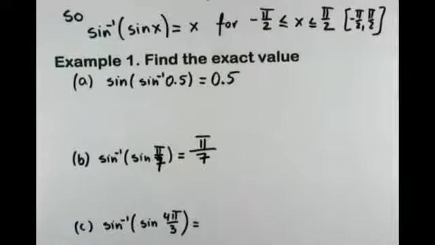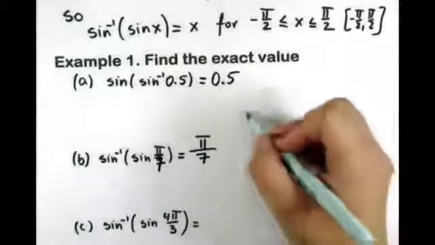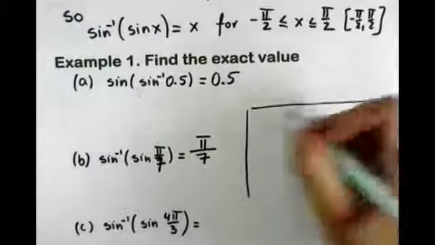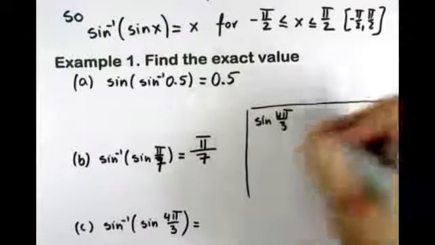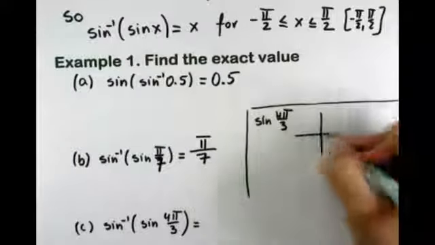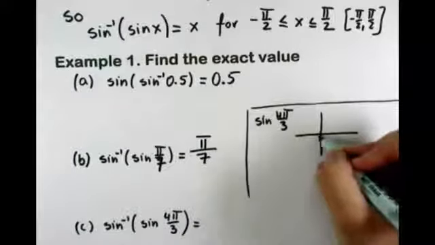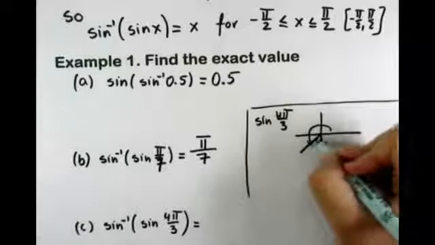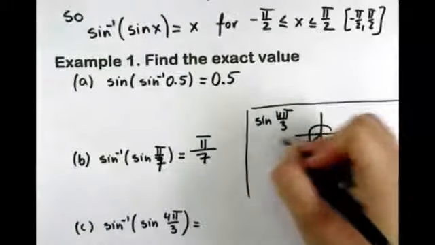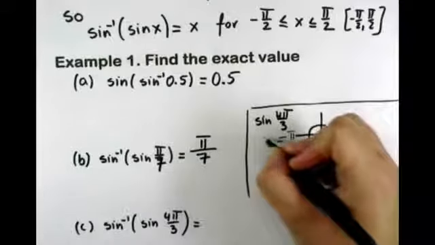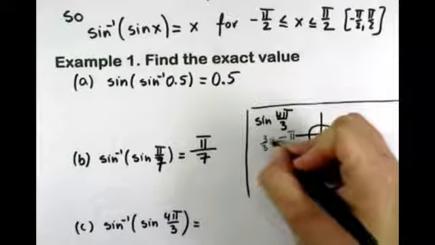The value of sine 4 pi over 3 exists, and we can use the reference angle. So basically what I'm trying to do now is find sine of 4 pi over 3. Pi is right here, and pi is nothing else but 3 over 3.